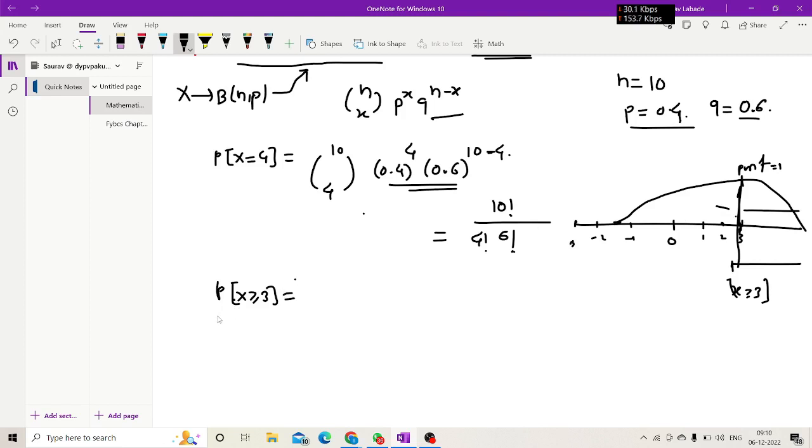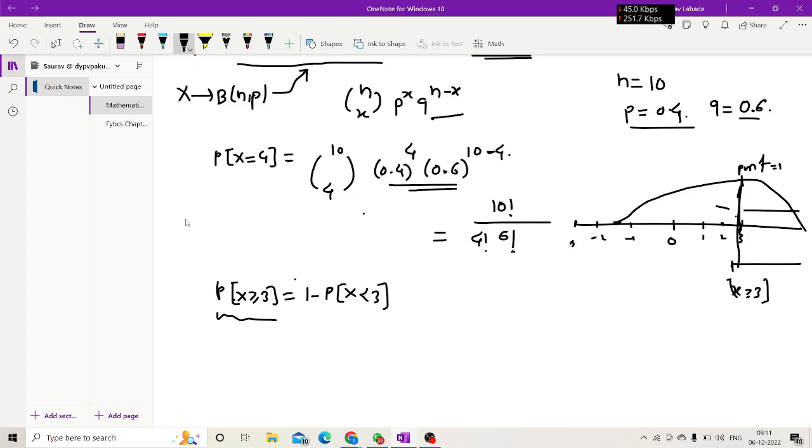So always remember, when there is greater than or equal to 3, that probability is nothing but 1 minus the probability of x less than 3. Okay, x less than 3. That probability I have to find.